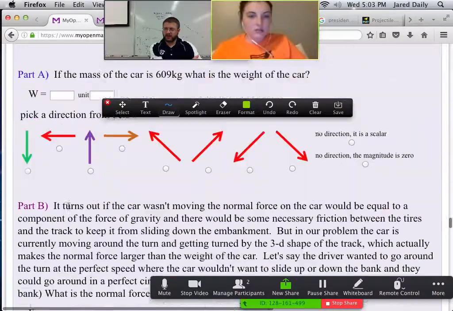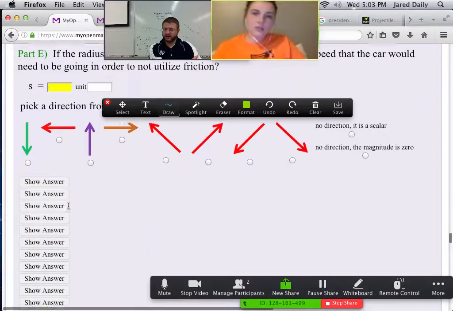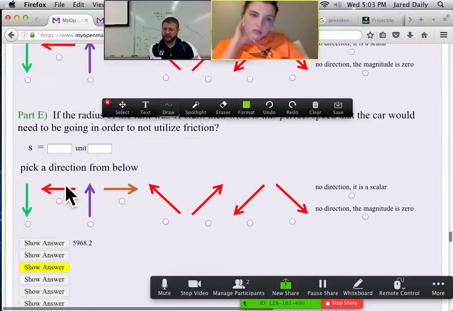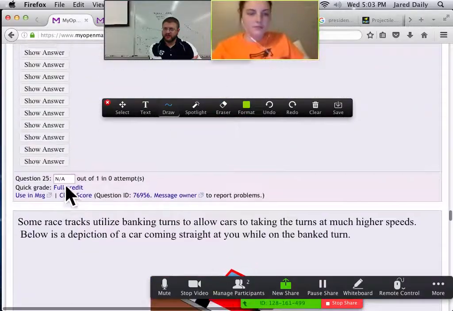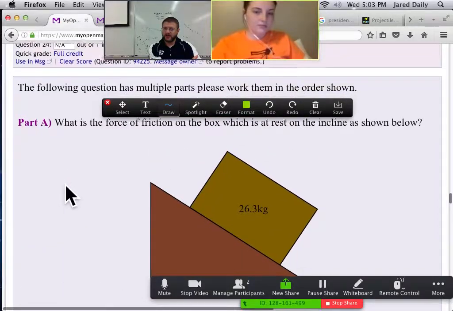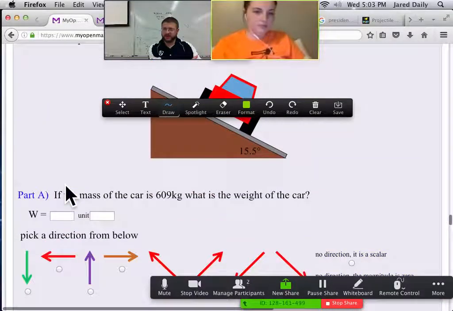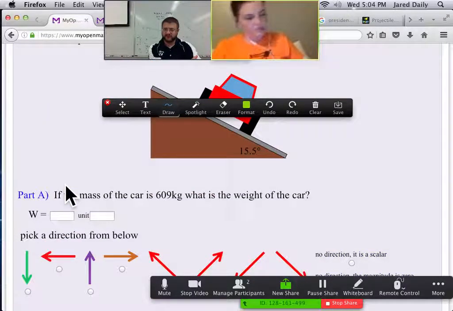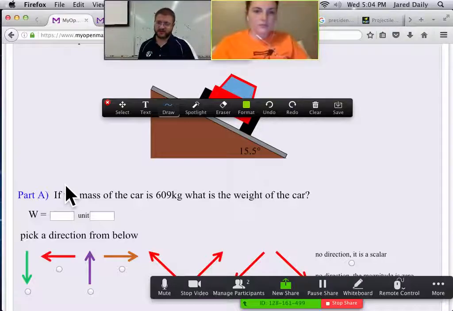Part A would just be mass times gravity, right? I am assuming that, but I'm just checking to make sure that they're not doing something goofy. It's just, in this case, mass times gravity. 0.9, 1.8.